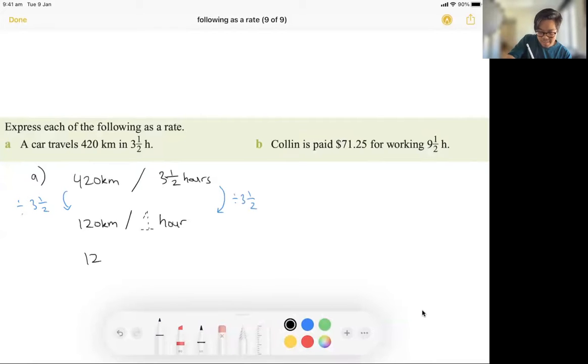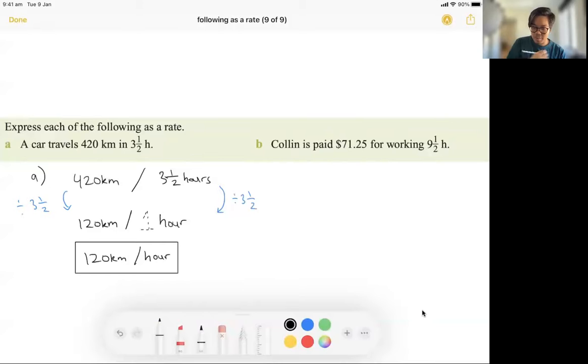So to write it a little bit cleaner, I'll just write it like this. 120 kilometers per hour. That is the rate that we travel if we travel 420 kilometers in 3.5 hours. Okay, hopefully that's making a little bit of sense. Please let me know in the comments if that doesn't make sense.